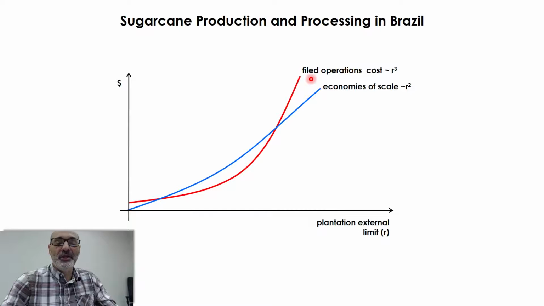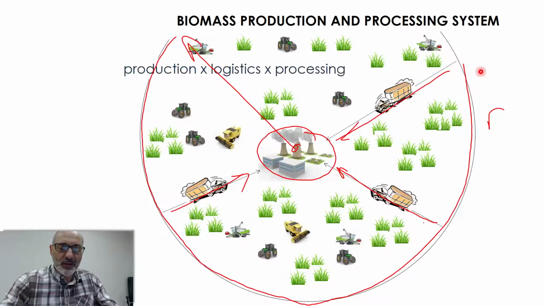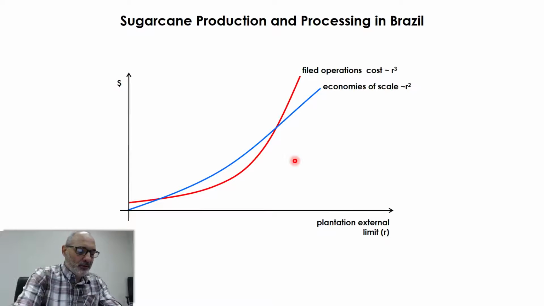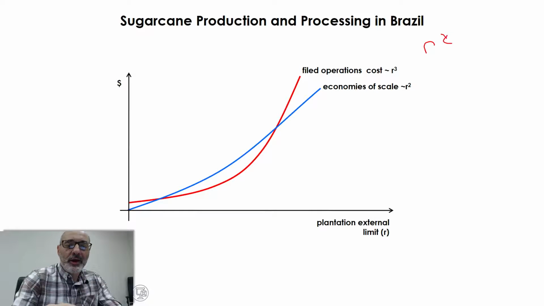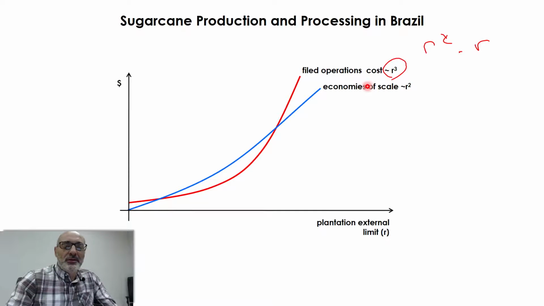So it's proportional to the area, but it's also proportional, going back 2 or 3 slides, to the distance that you have to travel from the fields to the industrial unit. So it's proportional to area, or R squared, times the distance, R. So it's proportional to R to the third power.